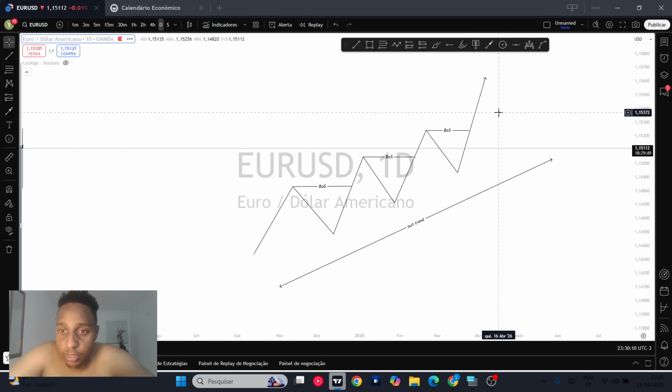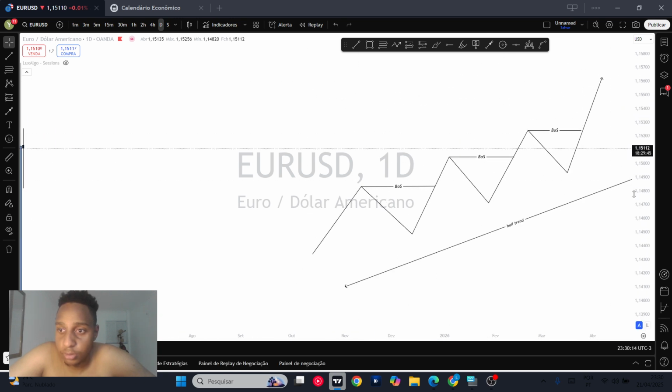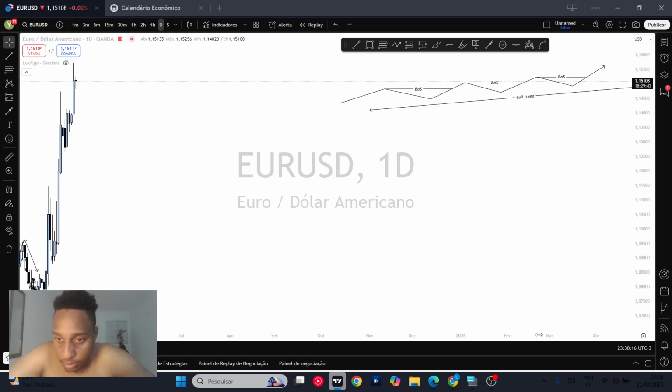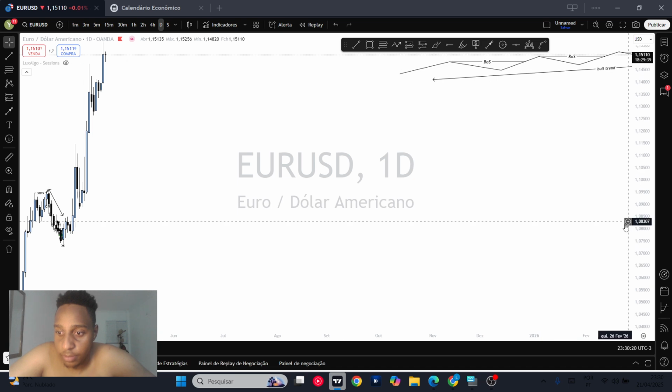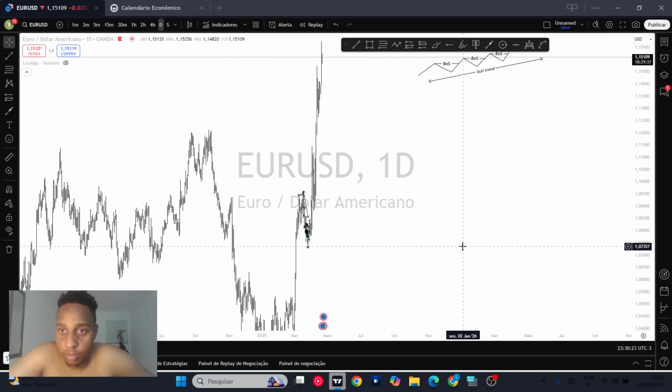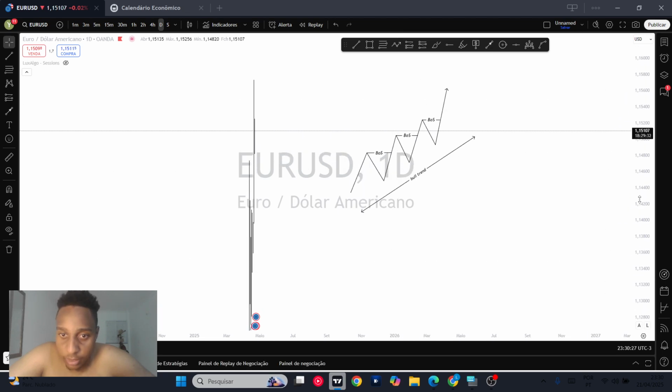In a downtrend, it's the same thing but the other way around. Let me try zooming in a little bit. It's the same thing but the other way around.